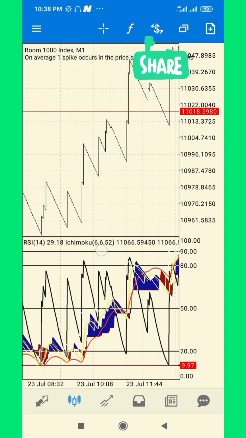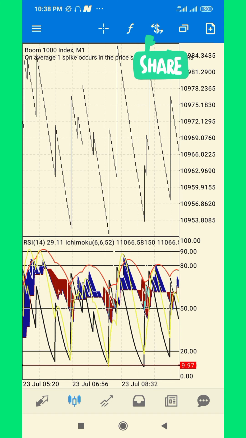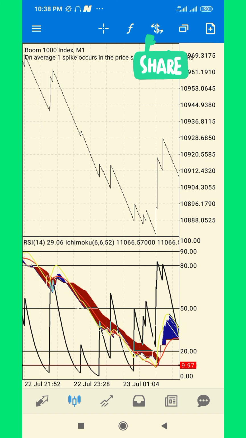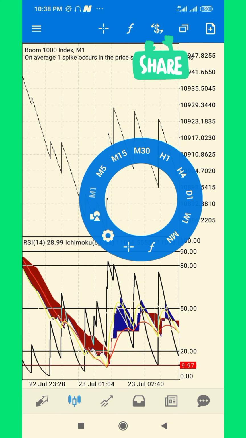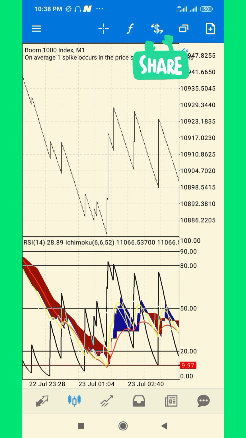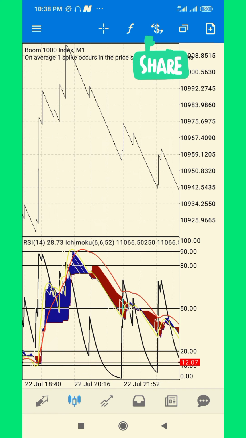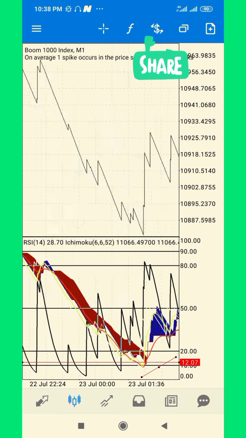Don't think of the zoom level. Wait until all our indicators, all our entry setup gives you the right opportunity to trade. Then you trade. Look at it here. You will definitely be in profit.